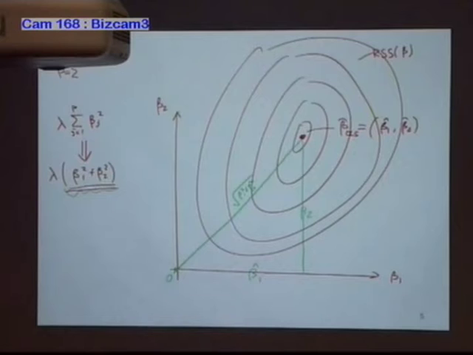The farther you go away from the origin, the more money you need to pay me. That's the distance. For any point you choose, you need to pay money for the distance to the origin. So now I'm imposing a lambda on the distance you're traveling away from the origin.